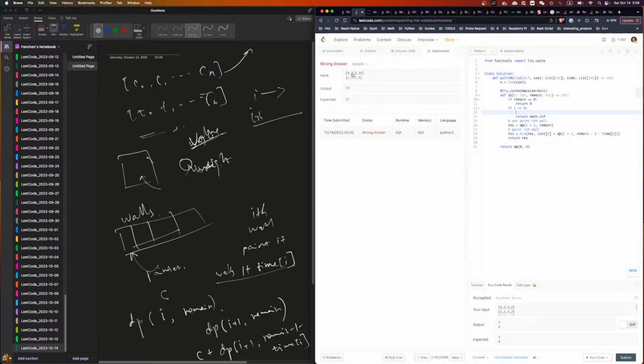Yeah, we take this, remains 3, because this one can handle 2, so remain is 3. So we go in here. If we take this, right, remain should be 0. Right, we take this, the cost.